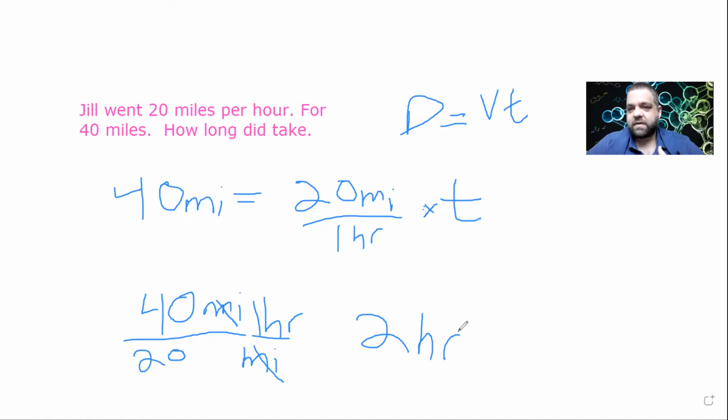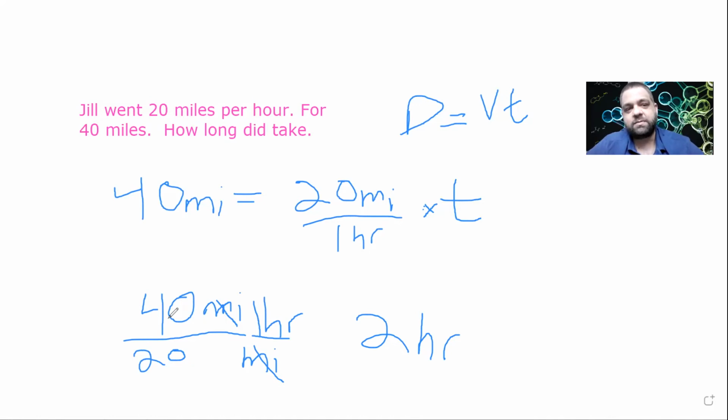Last thing on this particular video is, let's do a gut check. Does it make sense that if we're going 20 miles an hour for 40 miles, that it should take about 2 hours? Yeah. If you somehow got this mixed up for whatever reason, let's say we put this into our calculator wrong, 20 divided by 40. I've seen students do that. You would get half an hour, right?